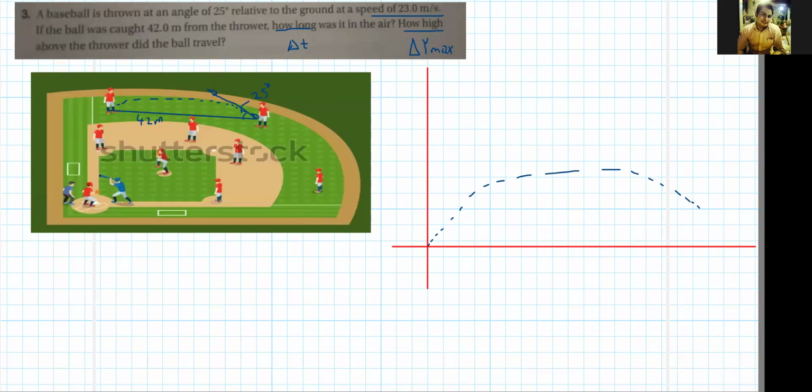Here we have the angle, that is going in this direction. So I just need to know the interval of the time and the vertical displacement.